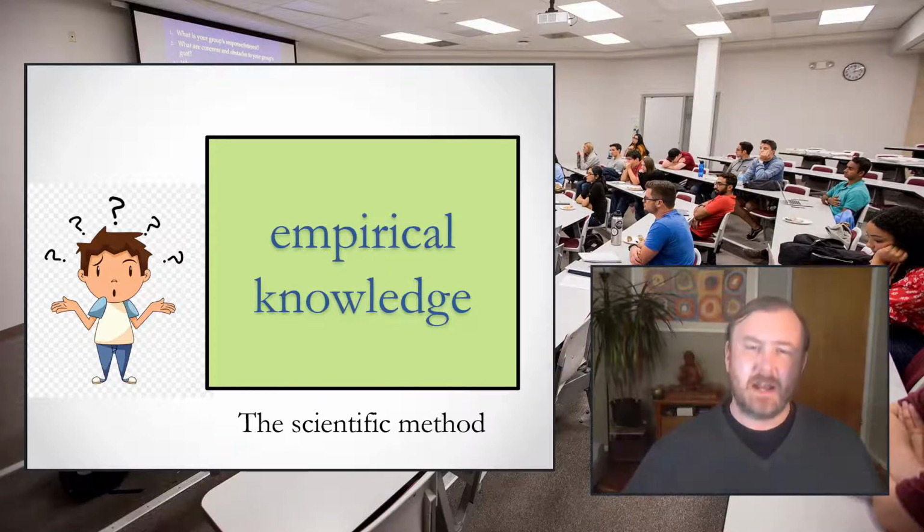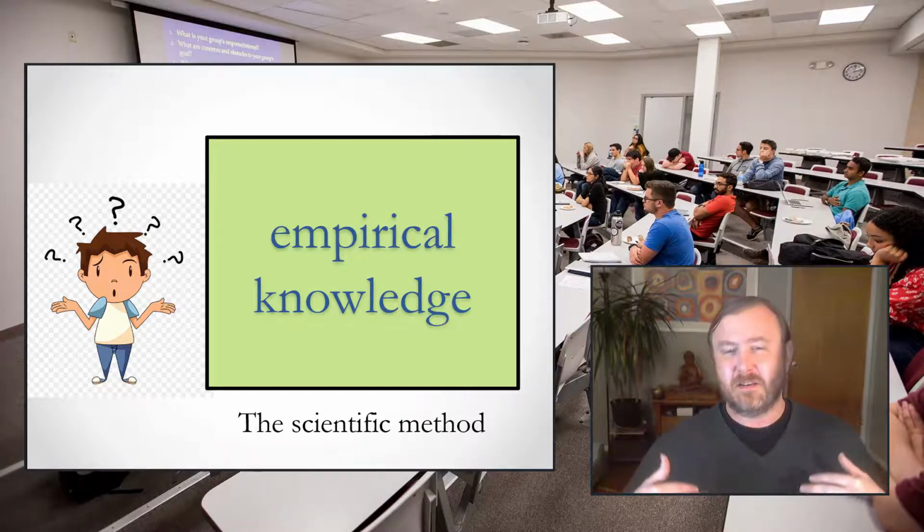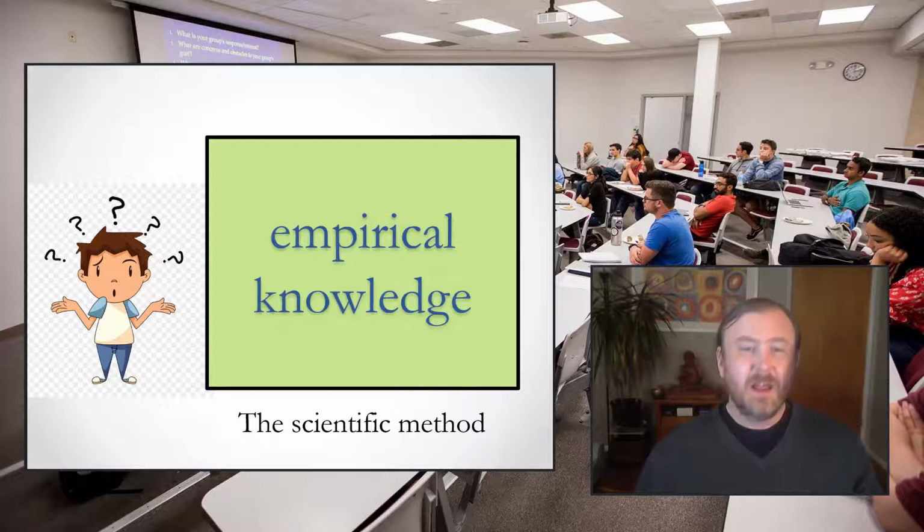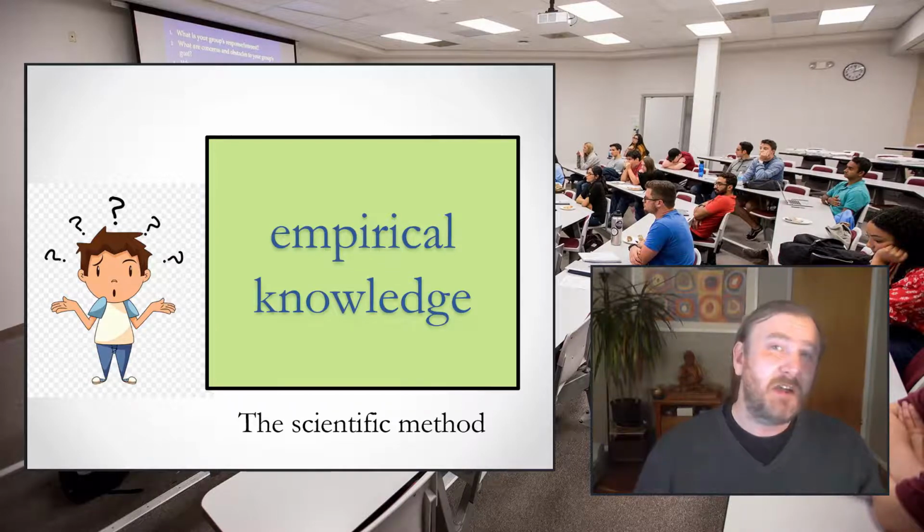Then we collect data and try to analyze this data to test our hypothesis. And then we defend our conclusion on the basis of the quality of our data and the appropriateness of how we evaluated that data.